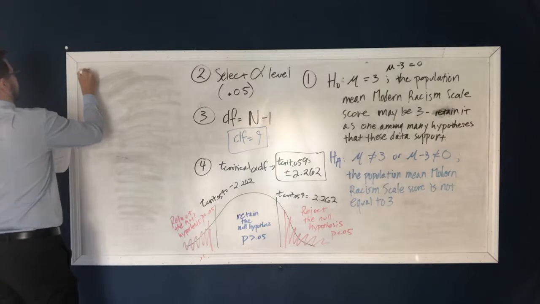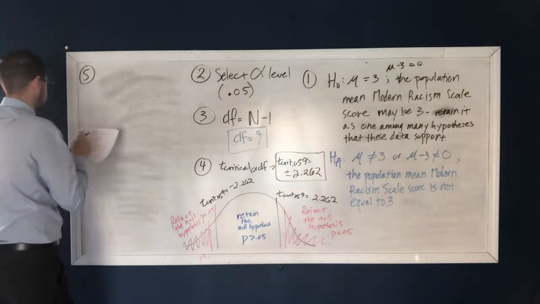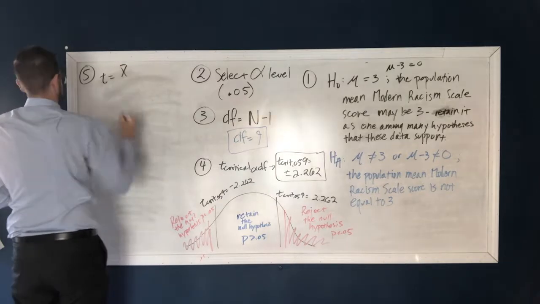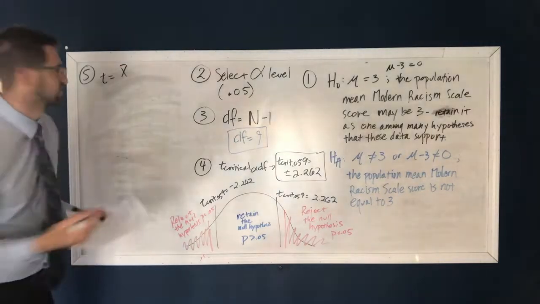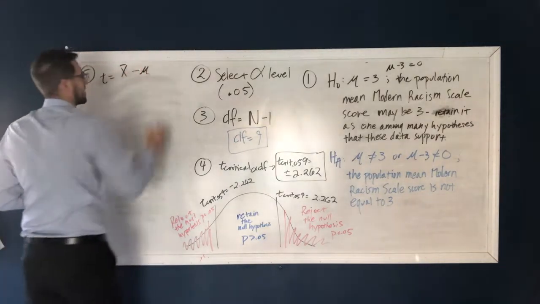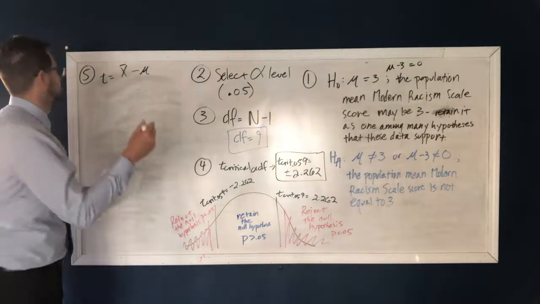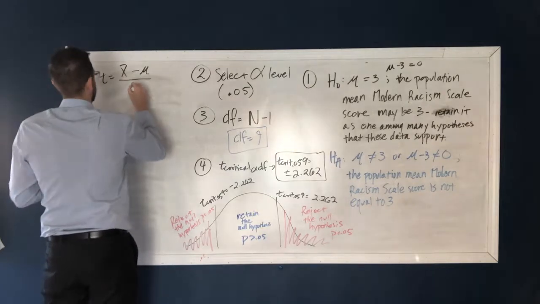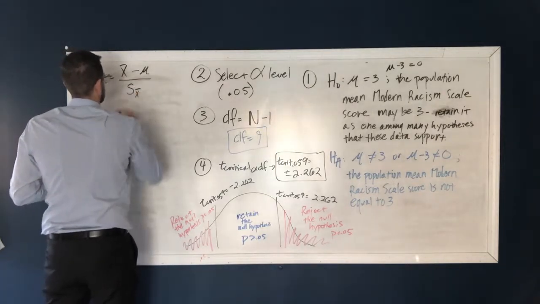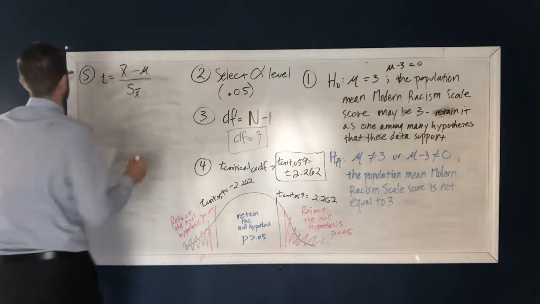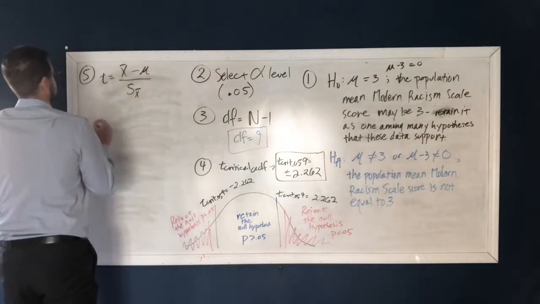Okay, so step 5, we're calculating the t obtained. So t is equal to the sample mean of our distribution minus our hypothesized population value, or our test value, which is 3, divided by the standard error of the mean. Okay?